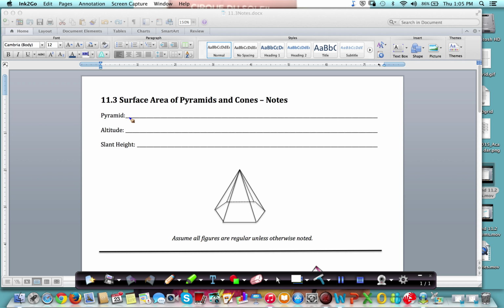So a pyramid is a polyhedron with one base, and the rest are lateral faces.